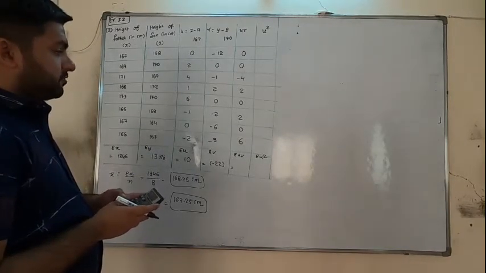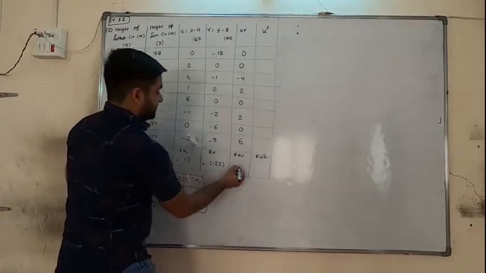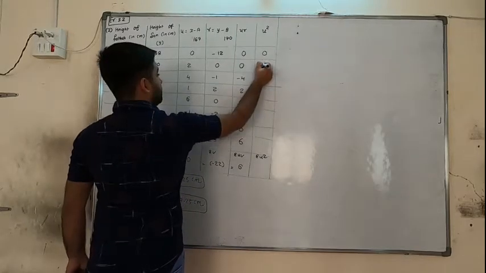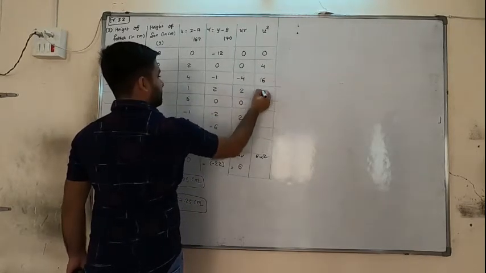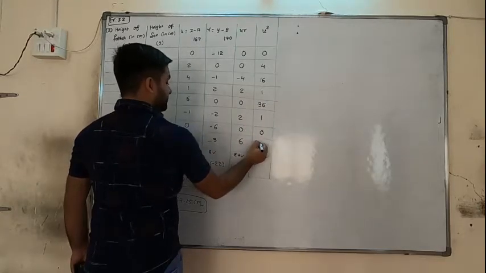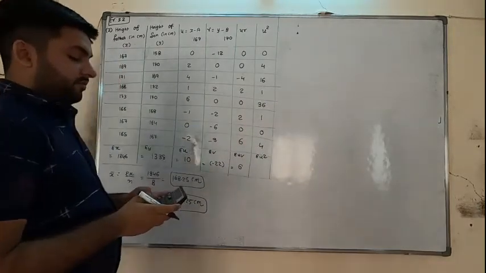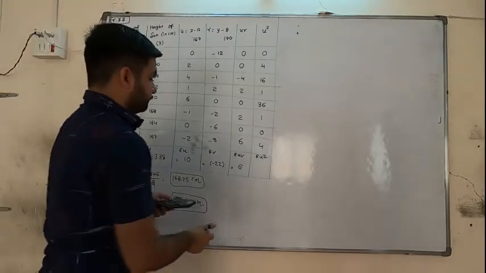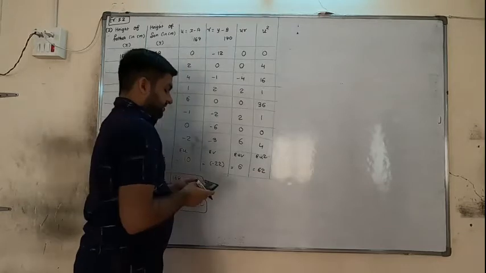Minus 4 plus 2 plus 2 plus 6, so it's 6. Then u square: 0, 4, 16, 1, 36, 1, 0, 4, which sums to 62.